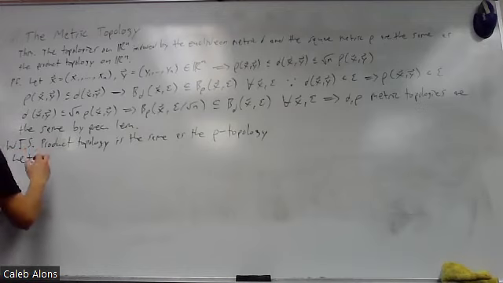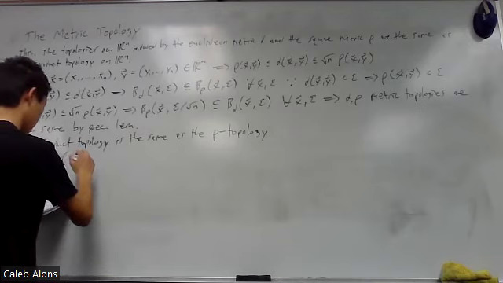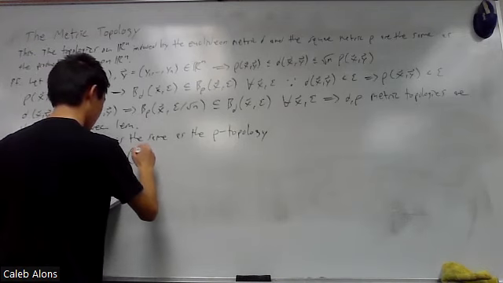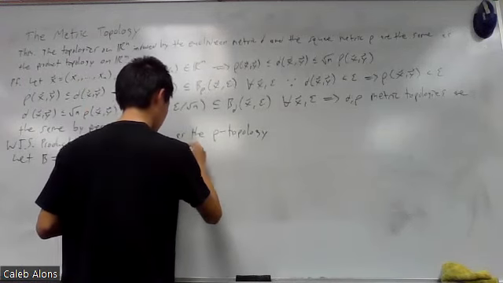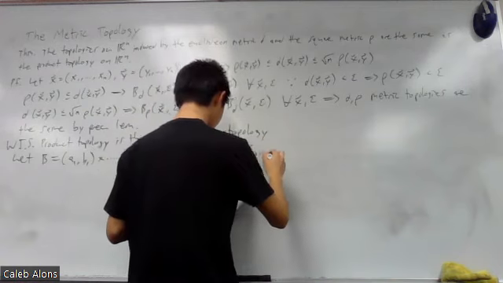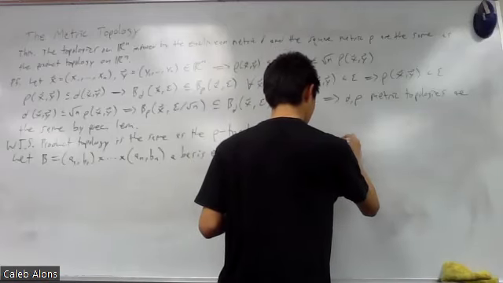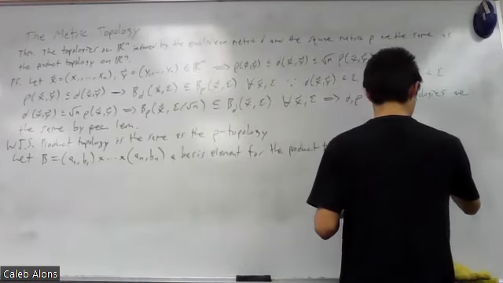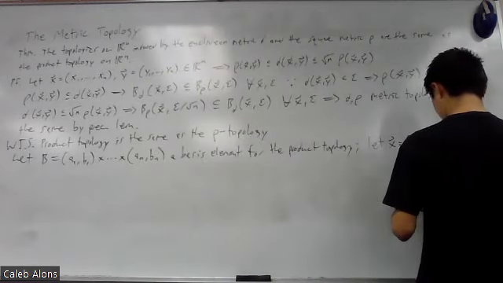So we need to choose some basis element B, a1, b1 cross through an, bn, and I'll just say a basis element for the product topology. And then we'll also need a tuple, so let x be x1 through xn in B.